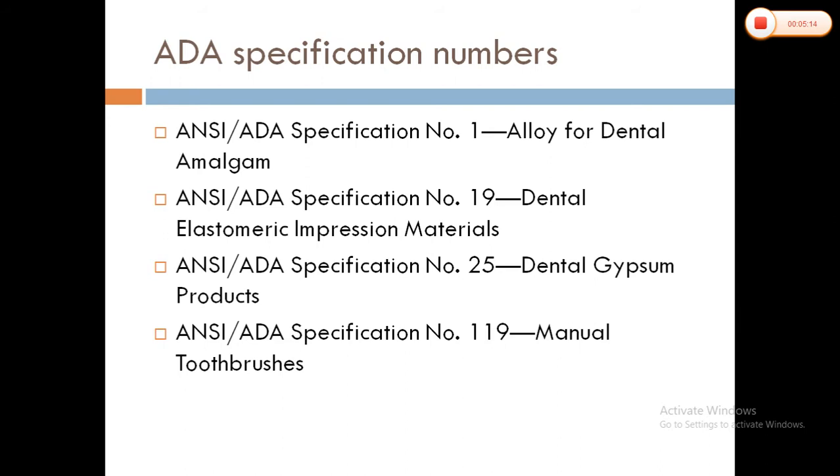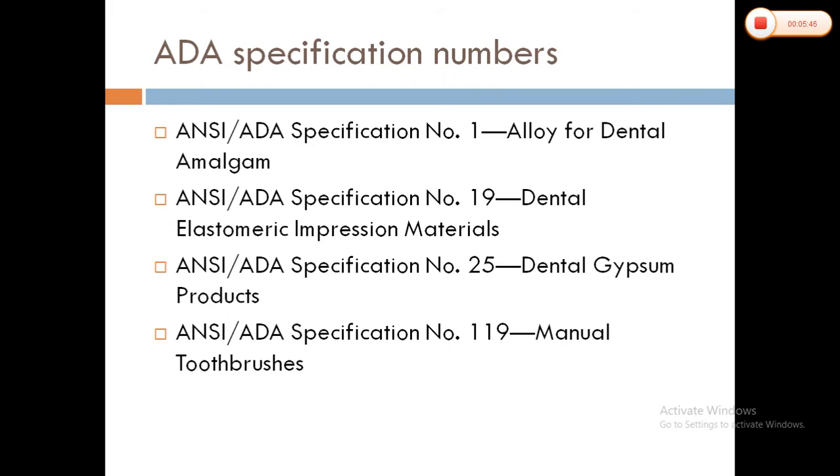Since this is an introduction, I am not going to discuss in depth all the specifications. Say for example, ADA specification number 1 stands for alloy for dental amalgam. ADA specification number 19 stands for elastomeric impression materials. ADA specification number 25 is for dental gypsum products.